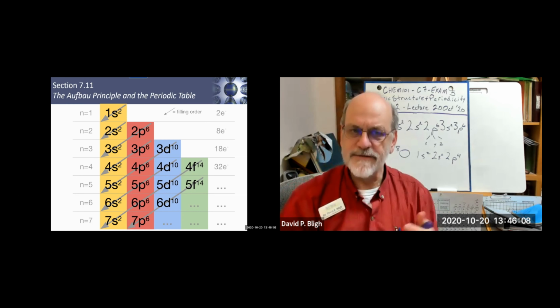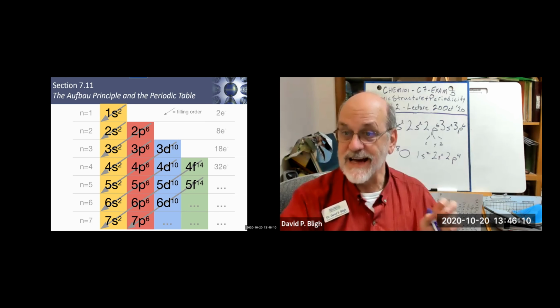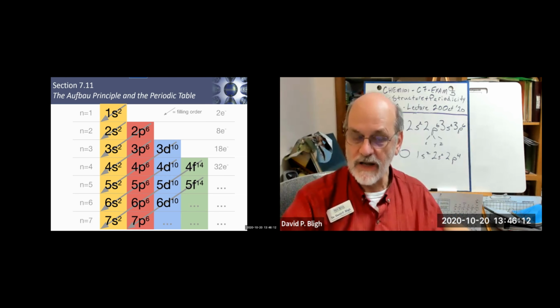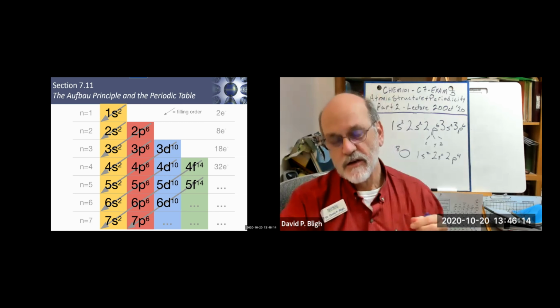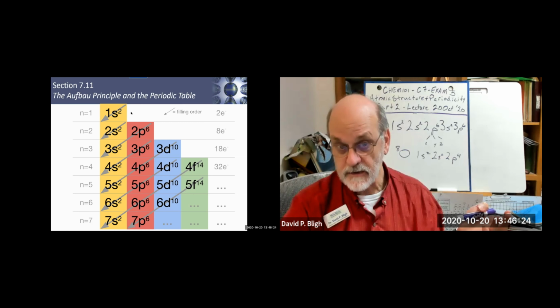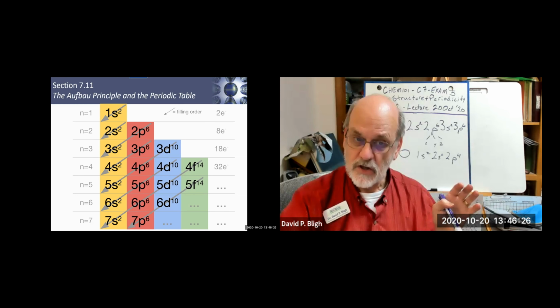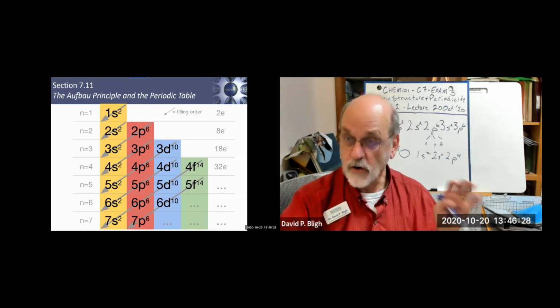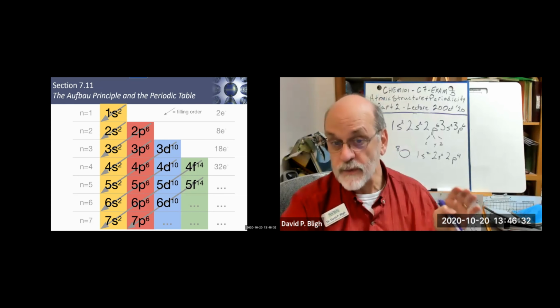So how do they fill? Well, they fill by drawing a diagonal from upper right to lower left. So here, 1s, that's a no-brainer. There's only one of them. 2s occurs there, and then you go out to 2p, and you draw down to 3s. So up to this point, they're in order: 1s, 2s, 2p, 3s, and then 3p, of course, is still in order.